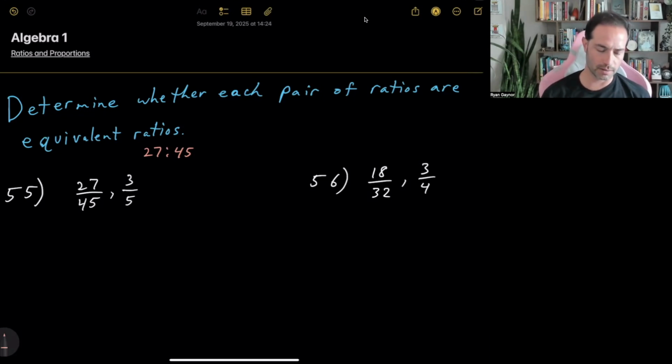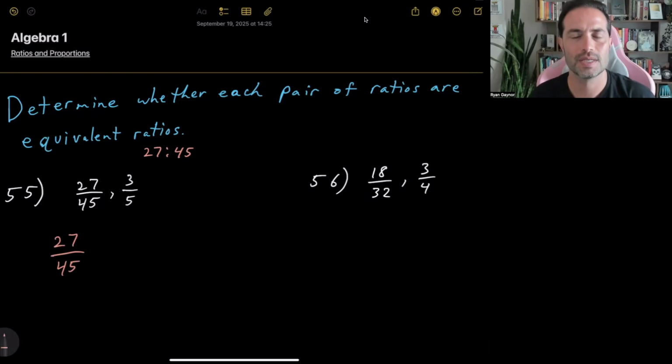Well, let's start by looking at the 27 over 45. I'm just going to ask myself, what is the greatest number that divides into 27 and 45? So I can take a look at what numbers would actually do that. So let's see, they're both odd, so I'm going to pick an odd number.